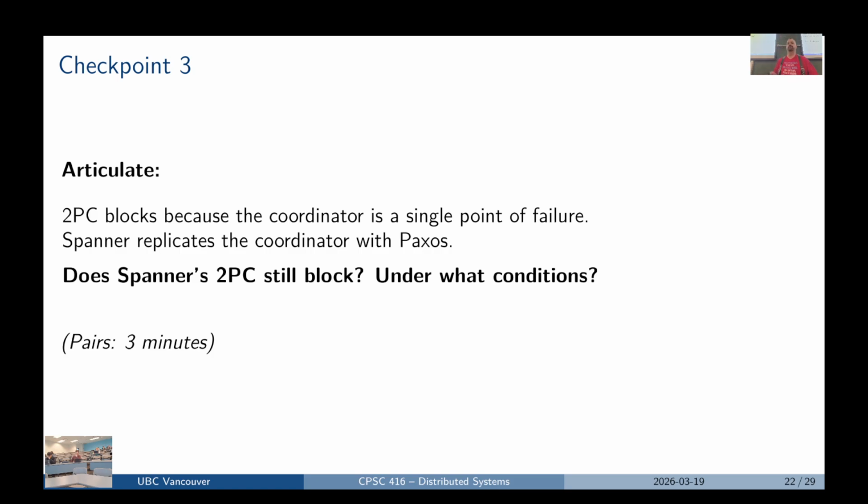All right. So what did you come up with? Who wants a cookie? Yeah, it still blocks if you can't reach a node in the Paxos cluster. Right, it's still going to block if you can't reach quorum, right?